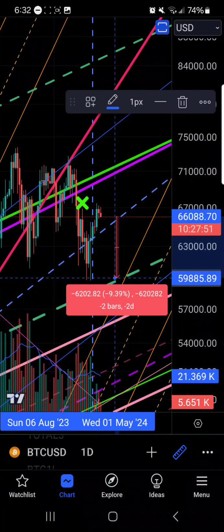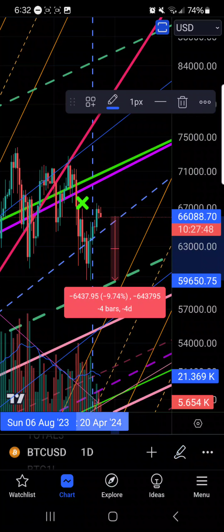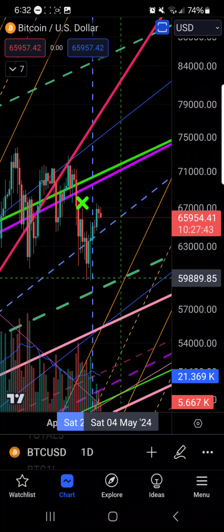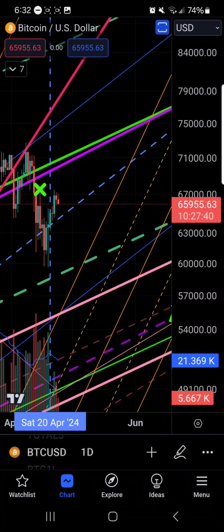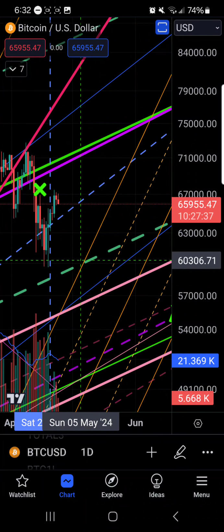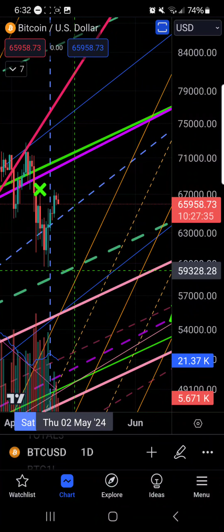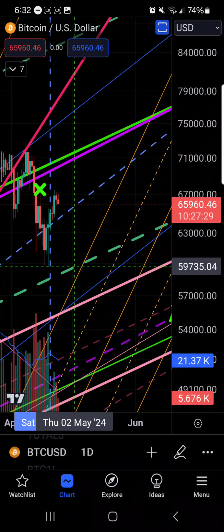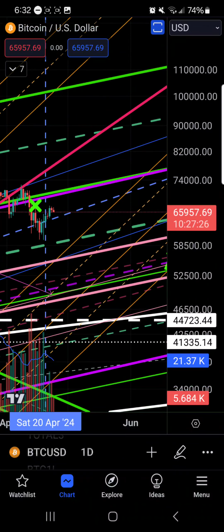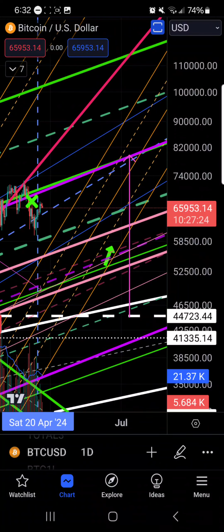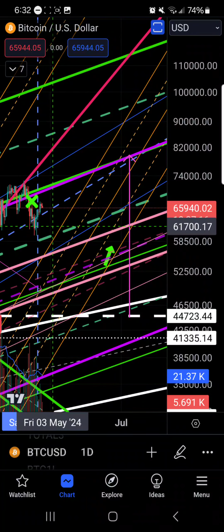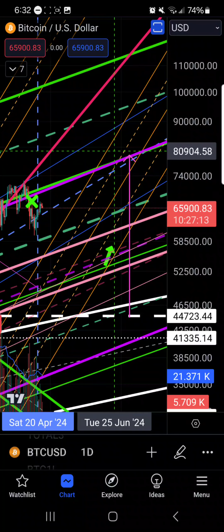A 9% move comes down to the center line of this parallel channel, which kind of makes sense, and kind of makes sense with where I placed these orange channels. This is on an older chart. We would come down here and then start pumping upwards this way.